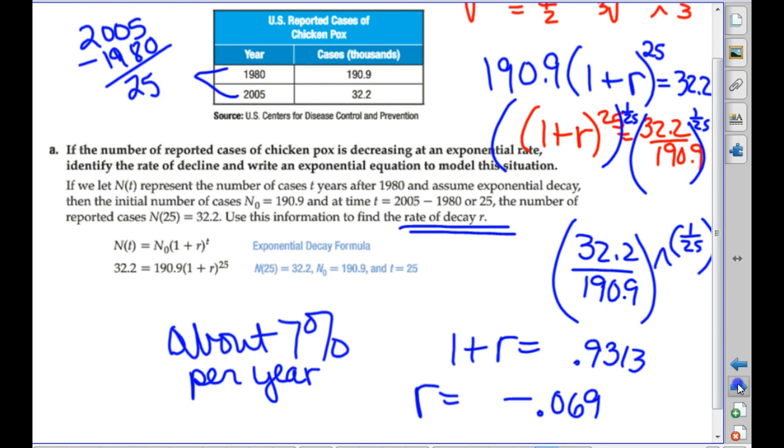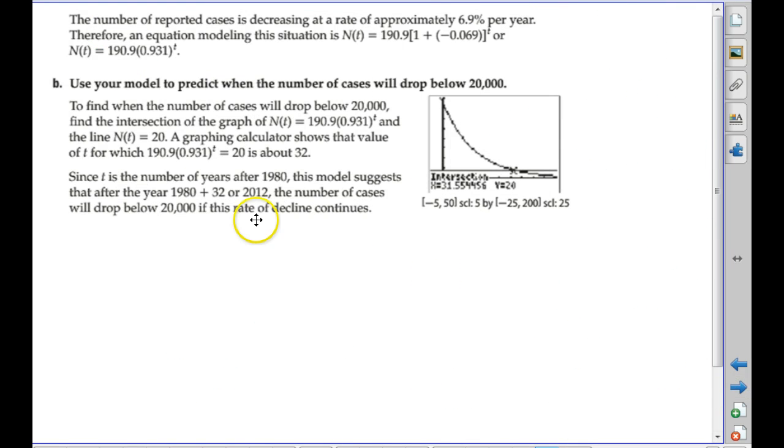All right. Guys, I got a couple minutes left, please. If we wanted to know when the cases would drop below 20,000, we would say, well, it started at 190.9.